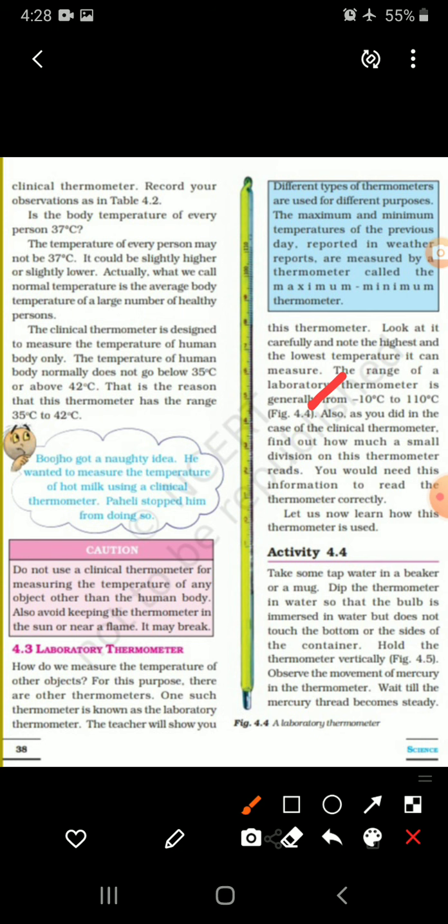You will find little variation, as some students will disturb the thermometer, therefore the difference will happen.